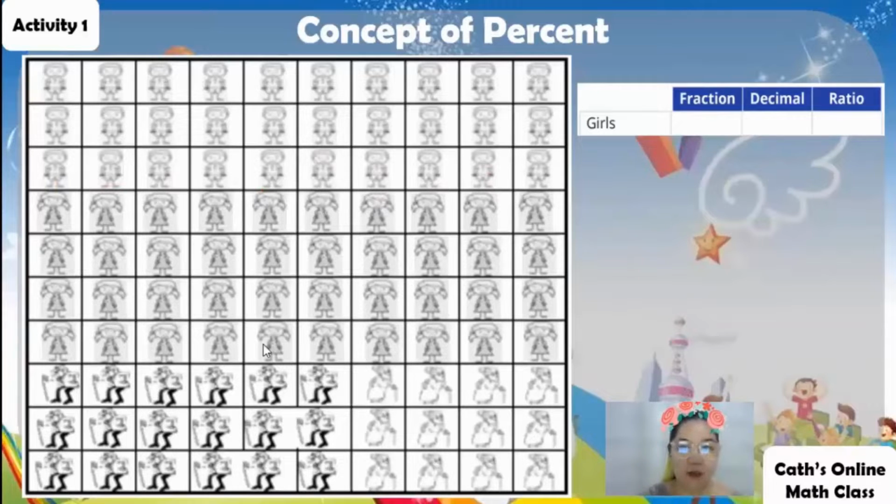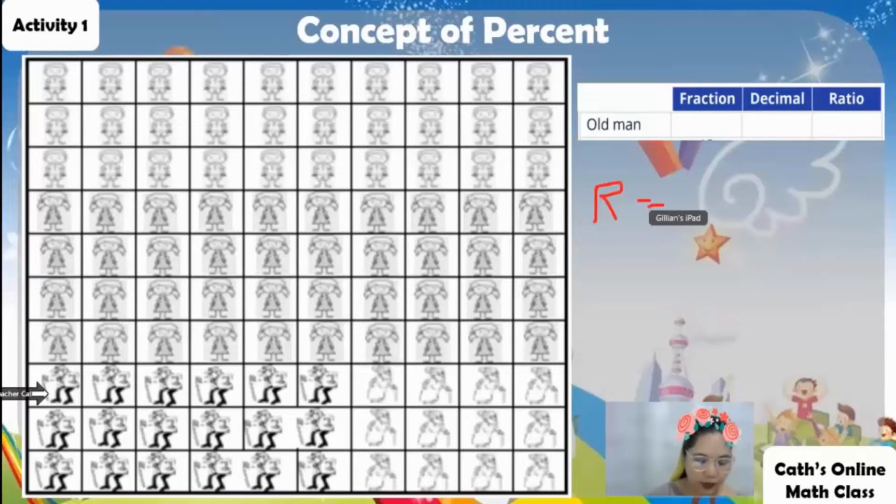We have here the old man. Okay, so the old man, let us try to count. How many old men are there in this chart? Let us count the number of rows first. We have 1, 2, 3. There are 3 rows. How about the columns? We have 1, 2, 3, 4, 5, 6.